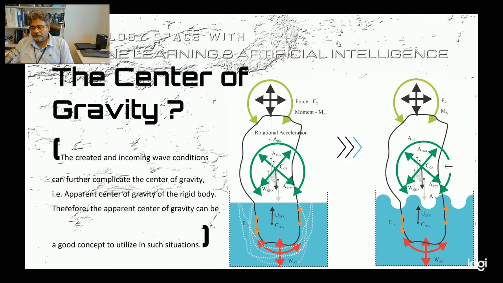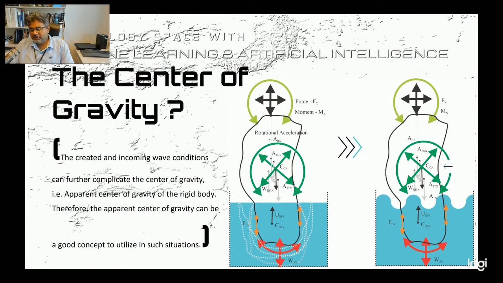One should also note that these wave conditions can be incoming wave conditions in some situations. So what could eventually happen is that these wave conditions on the fluid surface can further complicate the buoyant force of this rigid body as well as the added mass. Don't forget the drag force will also be influenced by these wave conditions.